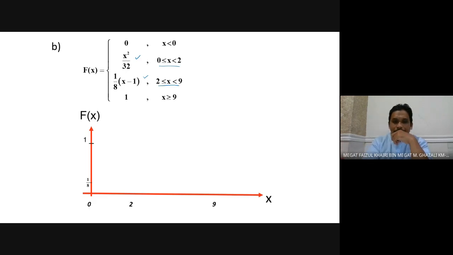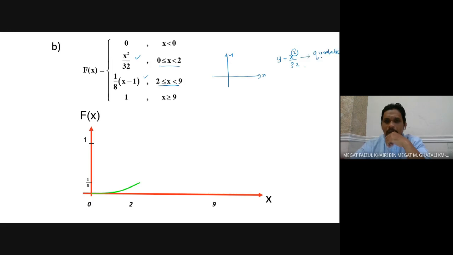So the first one, if I sketch separately, y equal to x squared over 32. x squared is a quadratic. Quadratic means that the graph is either smile or sad. So x squared is positive here.